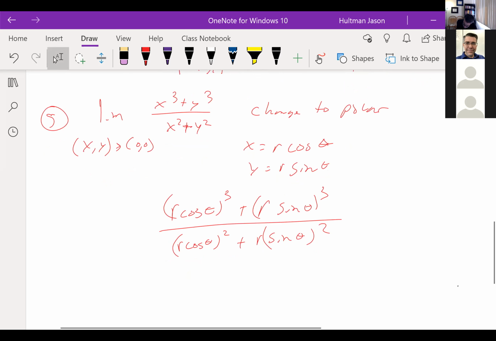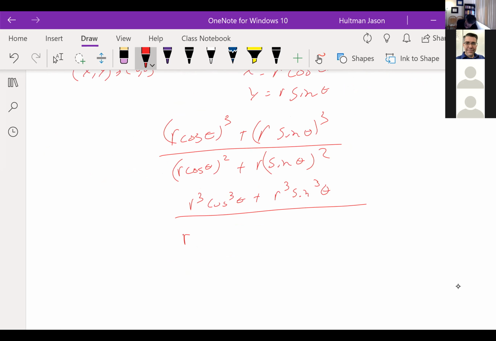So this is going to be equal to r cubed cosine cubed theta plus r cubed sine cubed theta all over r squared cosine squared theta plus r squared sine squared theta.